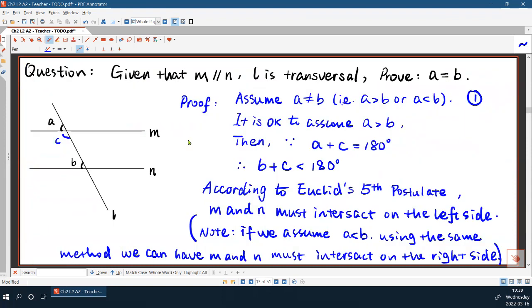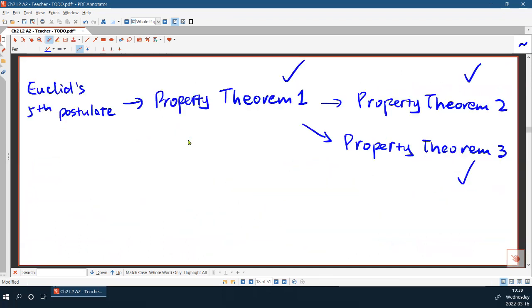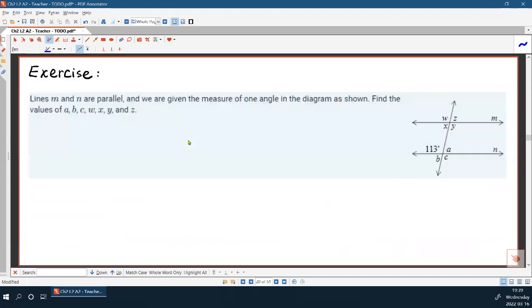All right, so let's use these property theorems to solve some problems. Let's have a look at this exercise question. We are given two lines M and N, and M and N are parallel. We are given the measure of one angle in the diagram as shown here.